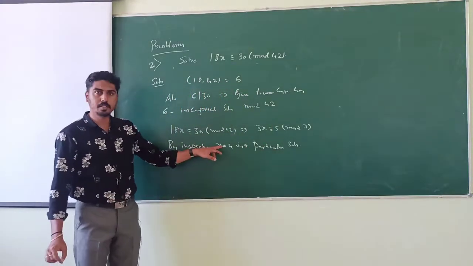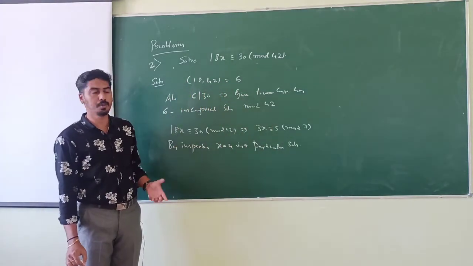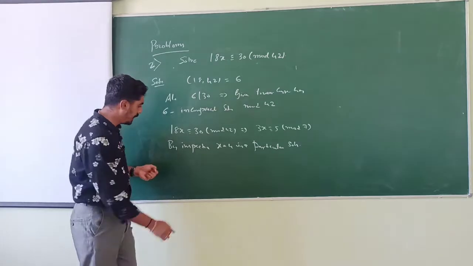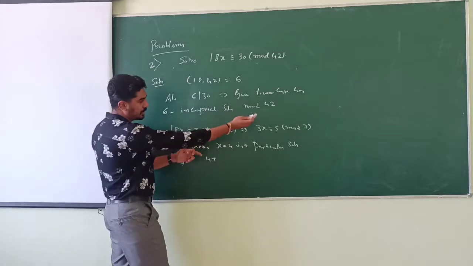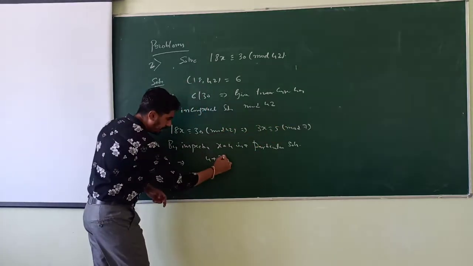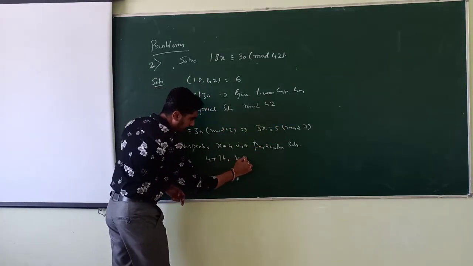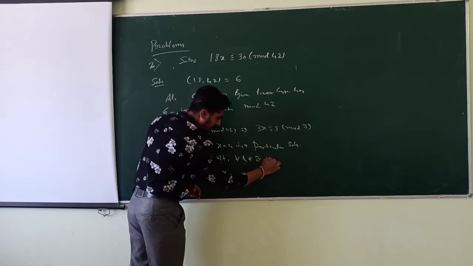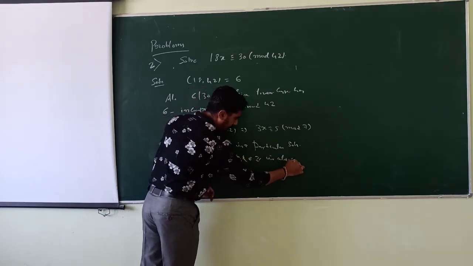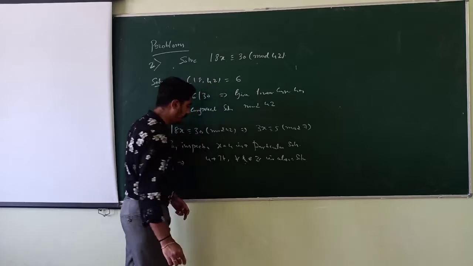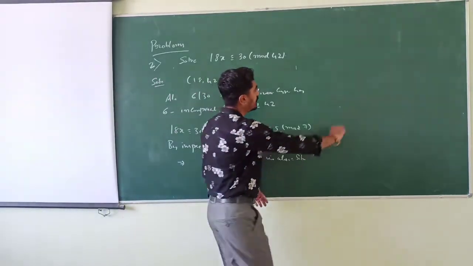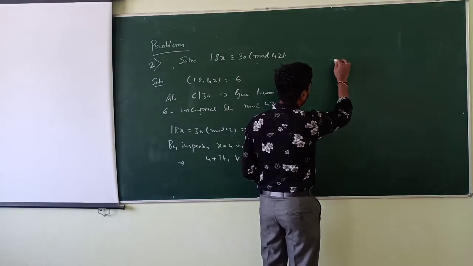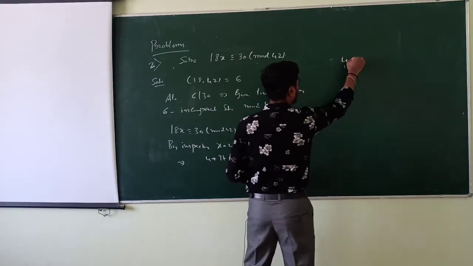Once we get a particular solution, other solutions we can find easily. This implies that 4 plus (42 by 6, which is 7)t, for all t belongs to Z, is also a solution. To find the incongruent solutions, I wrote down here 4.